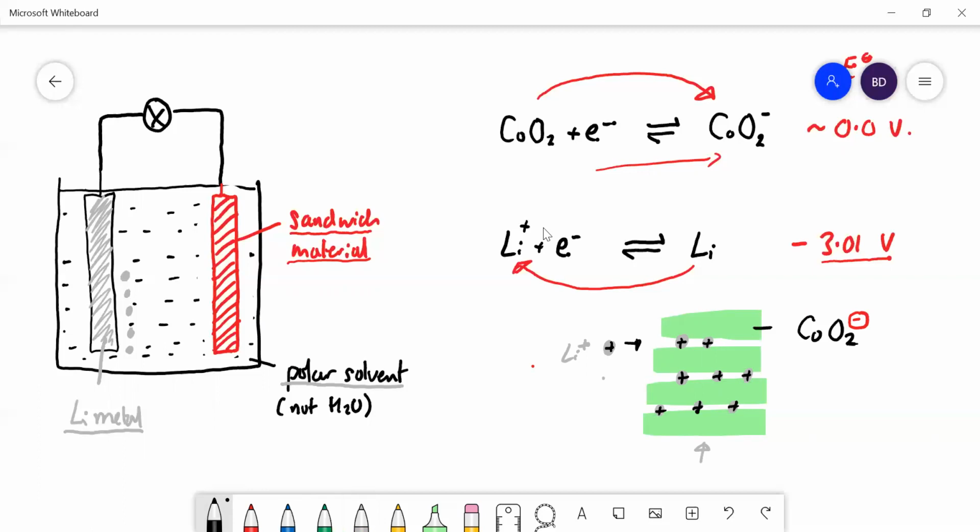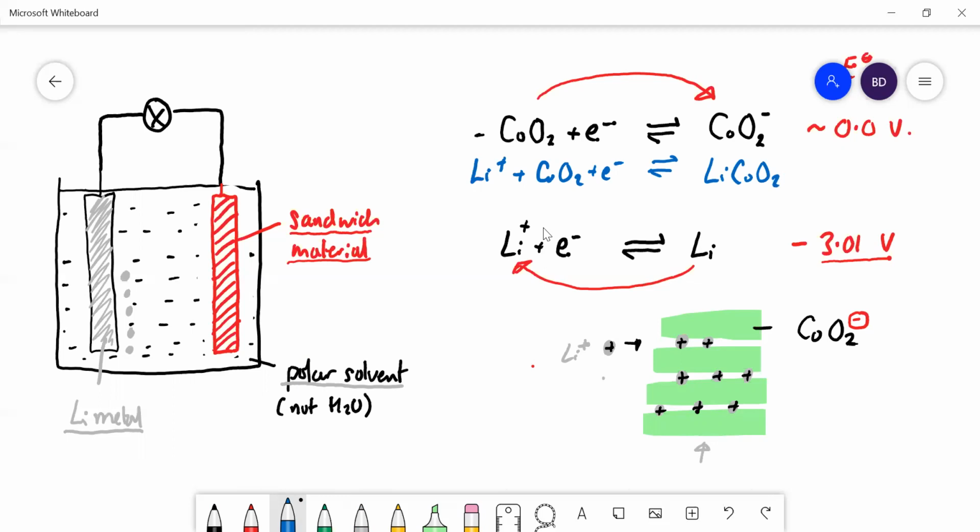Now, sometimes this equation, if you see it in some exam papers, is written a little bit differently. They write down Li+ plus CoO2 plus an electron goes to LiCoO2. They write it like that.